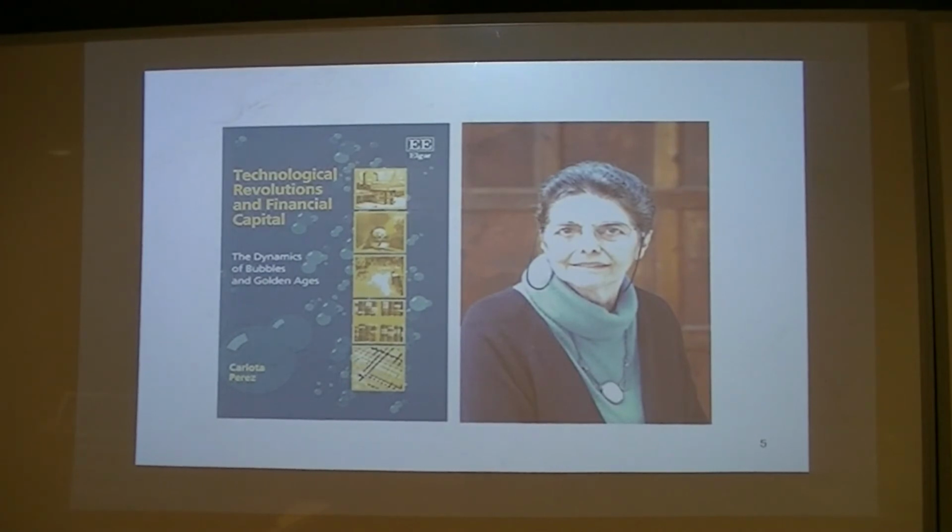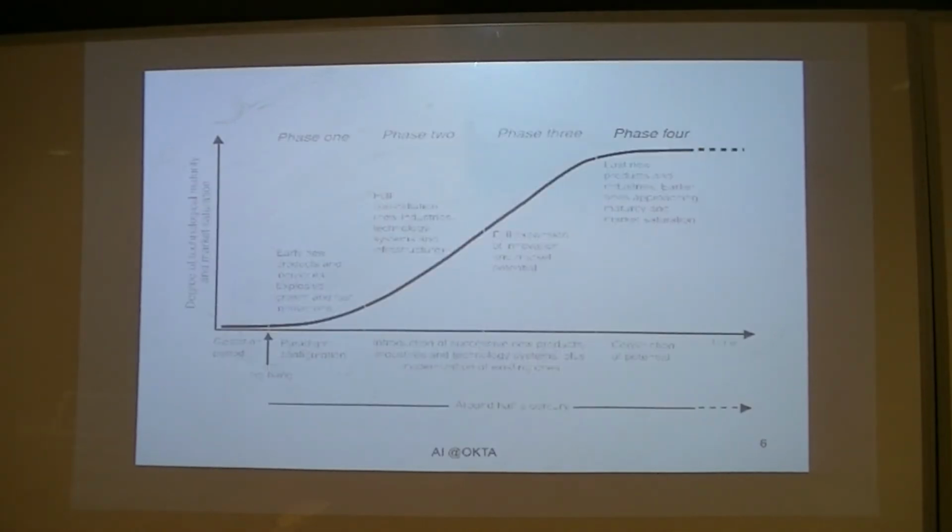There is a woman, I cannot remember her name, in Paris, a technology business expert. She proposed a life cycle of technology. This is the early stage, and this is the end of the technology.